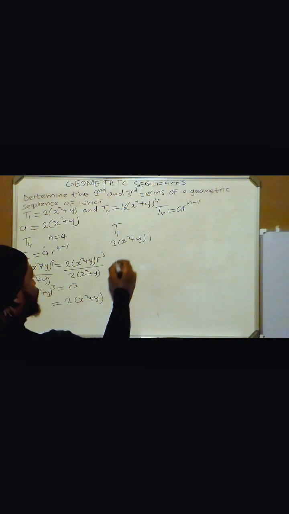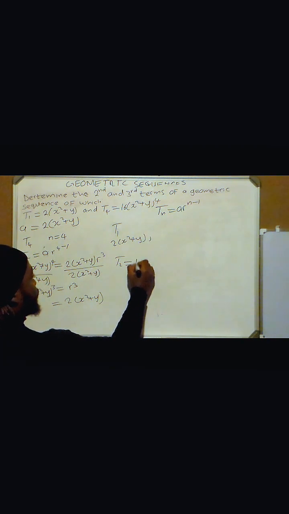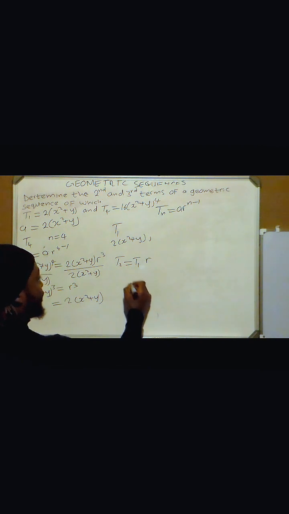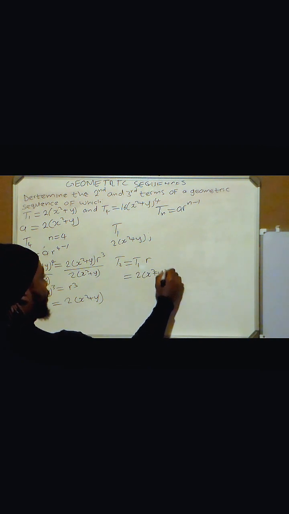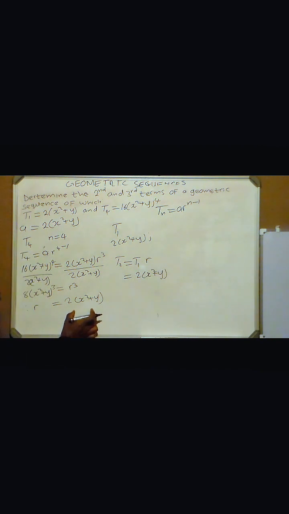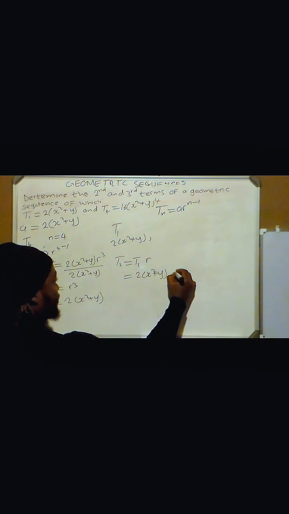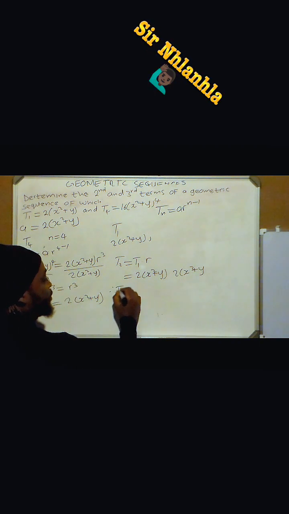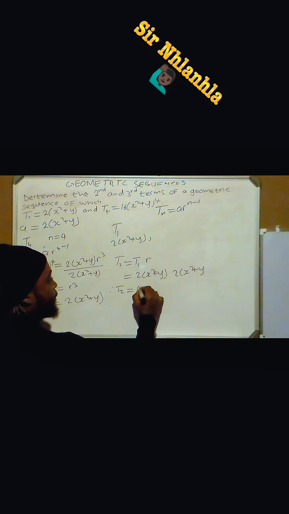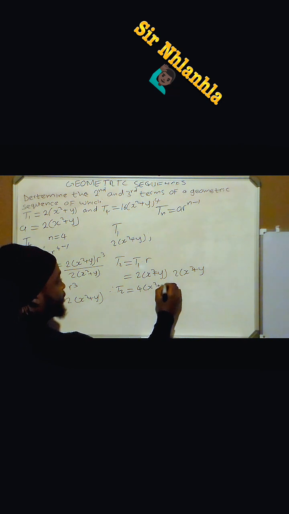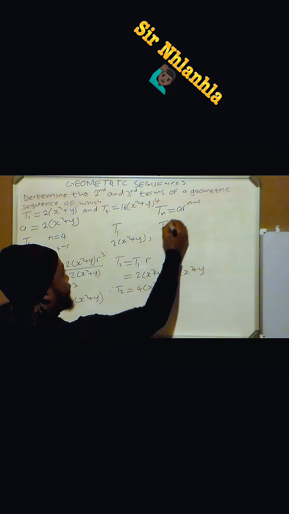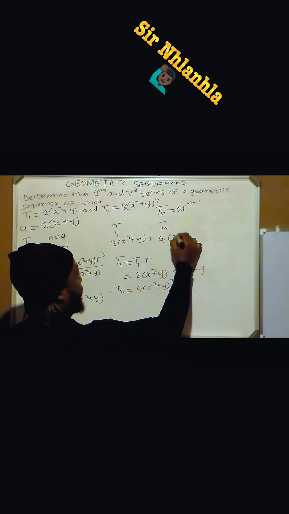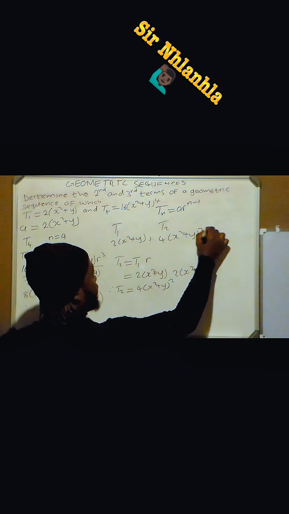To find our term 2, we know that term 2 should be equal to t1 multiplied by r. So our term 1 is 2x squared plus y multiplied by the r value that we calculated, also 2x squared plus y. Therefore t2 is equal to (4x squared plus y) squared. So this is term number 2.